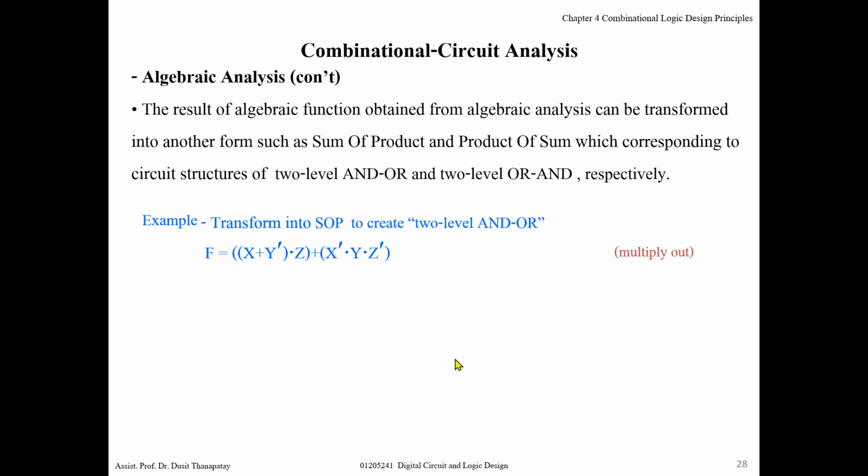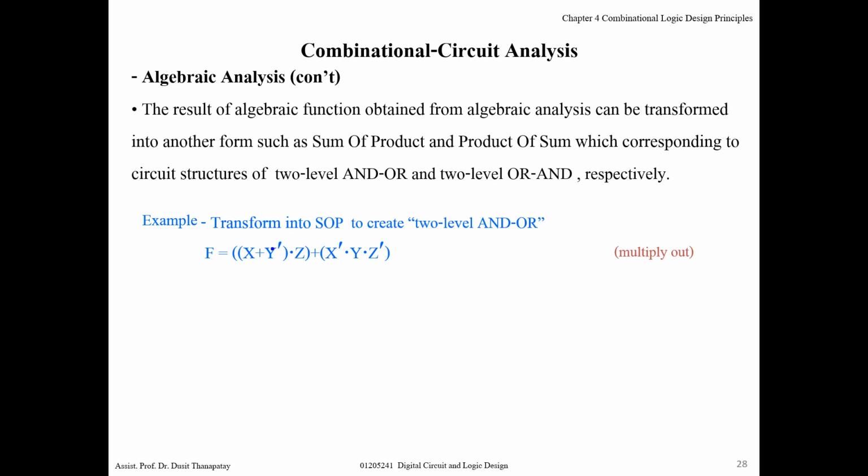Now from the result of the analysis, if I want to implement the circuit in the structure of AND-OR, what should I do? Let's consider this one first.